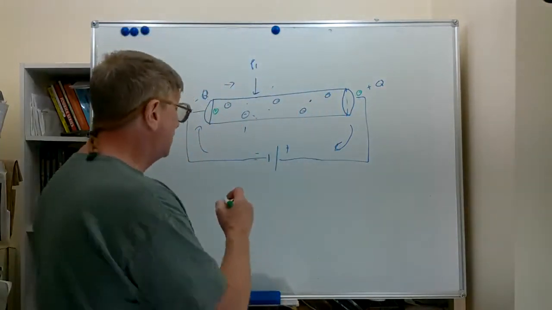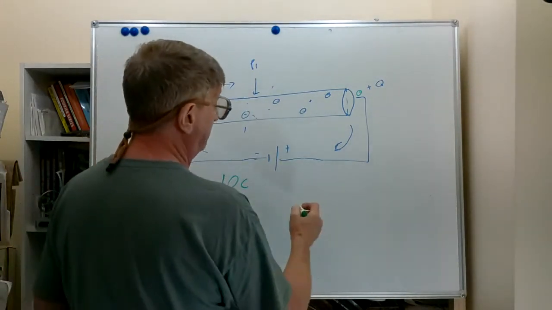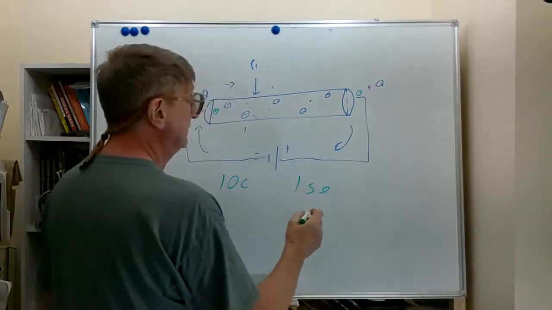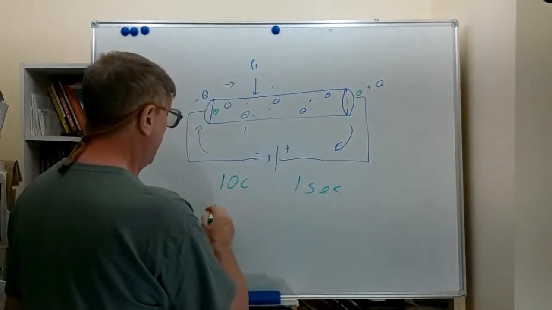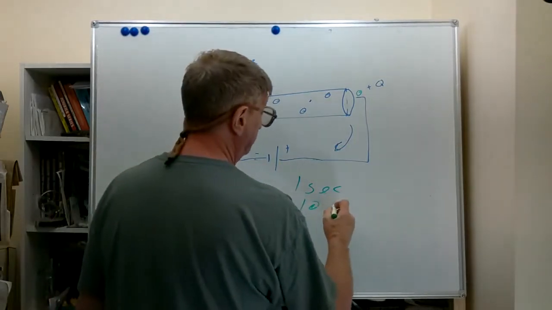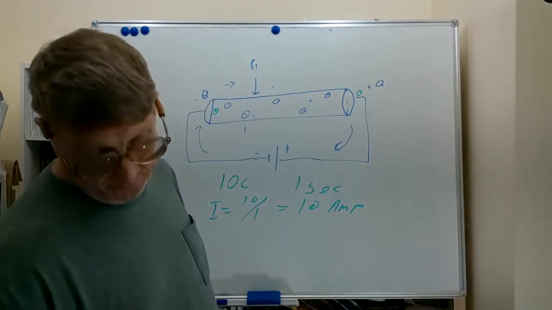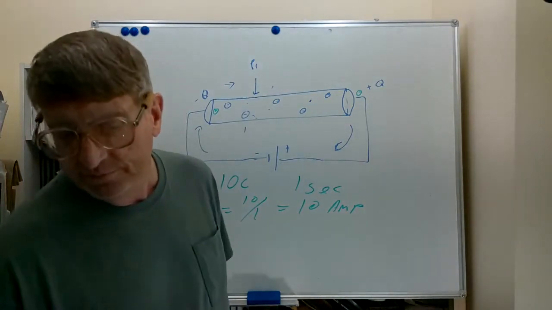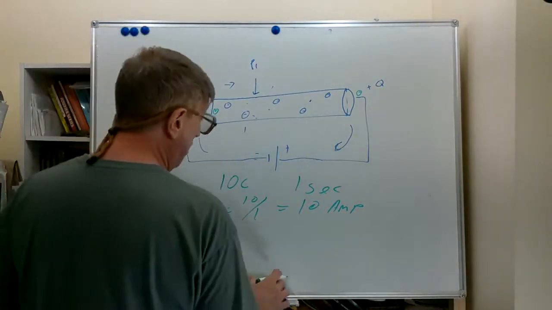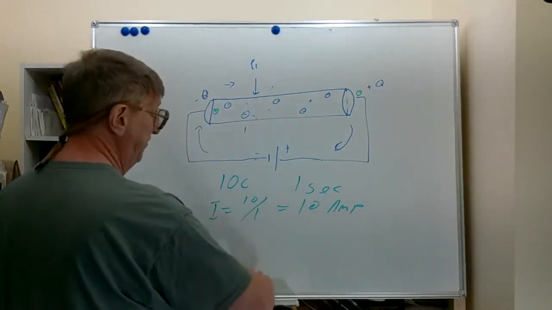If we had 10 coulombs flow past the point in 1 second, we could have I equals 10 over 1 equals 10 amps, or 10 amperes. We have 5 coulombs in a second. We'll change these.